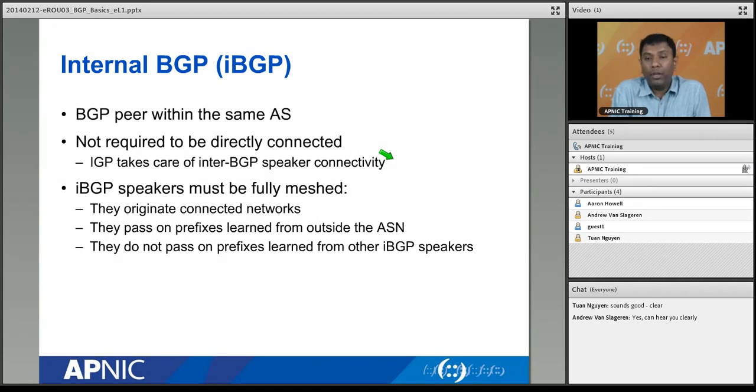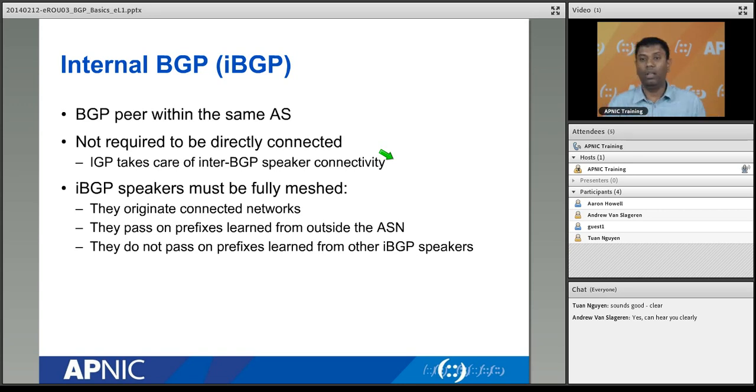That's why in iBGP, all those routers need full mesh peering, right? If you don't have full mesh peering, normally iBGP will not send a prefix learned via one iBGP peer to another iBGP peer. So because of these issues, in iBGP, if router C receives a prefix from router A, router C will not send that prefix to other routers, because router C has learned that prefix from router A via iBGP.